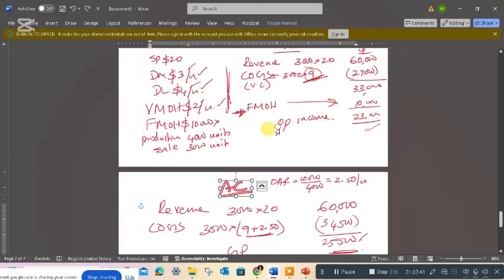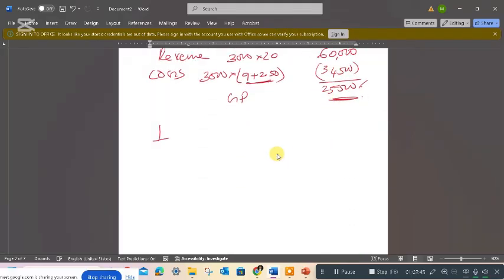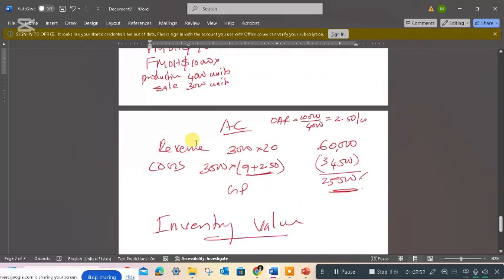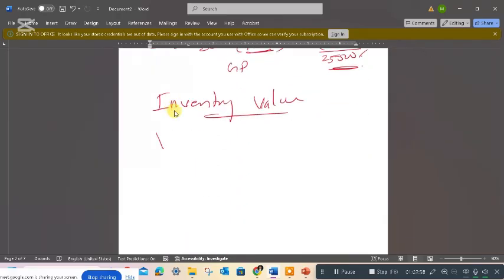Now the next question. How will the inventory be valued? Inventory valuation. There are 1,000 units of inventory, right? Because you manufactured 4,000, but you have sold only 3,000. In variable costing, that inventory will be 1,000 at $9. You will record the value of inventory as $9,000.